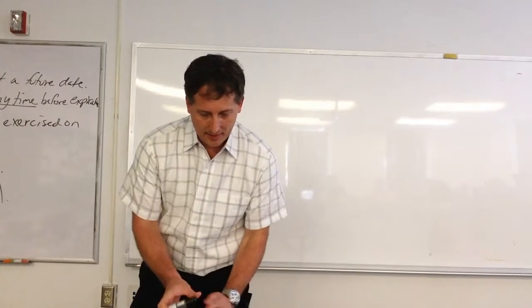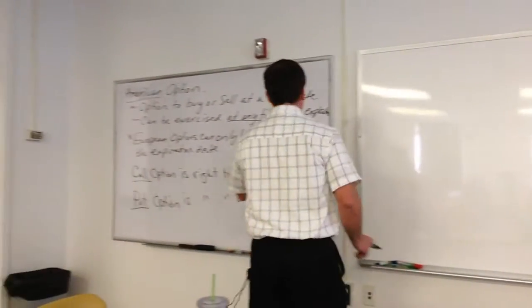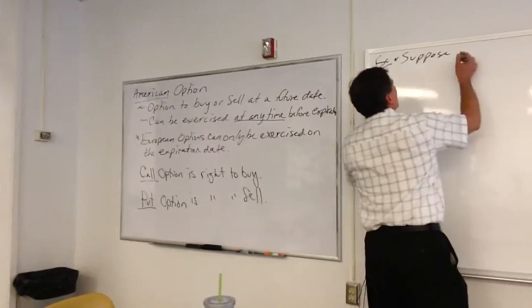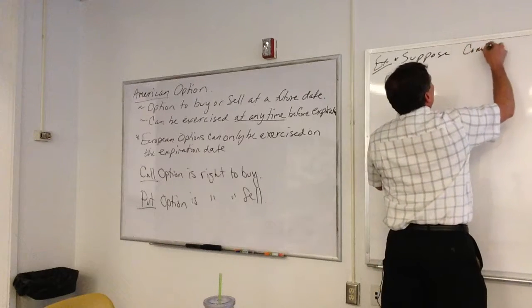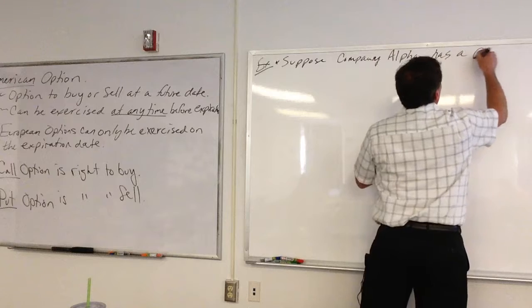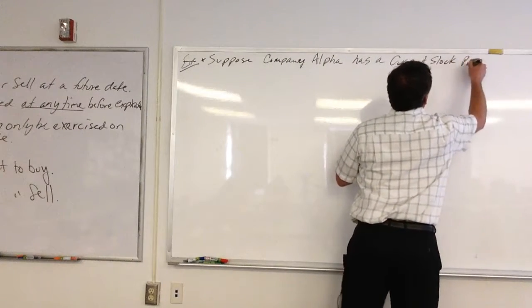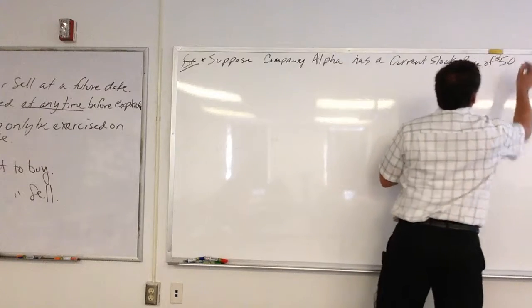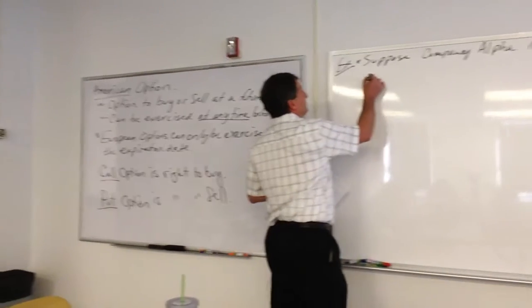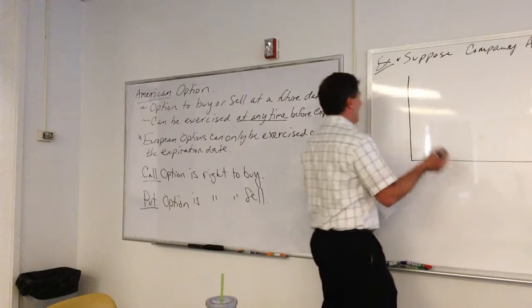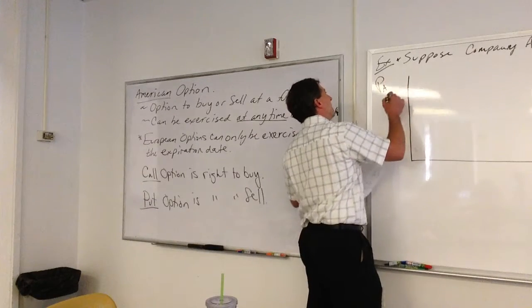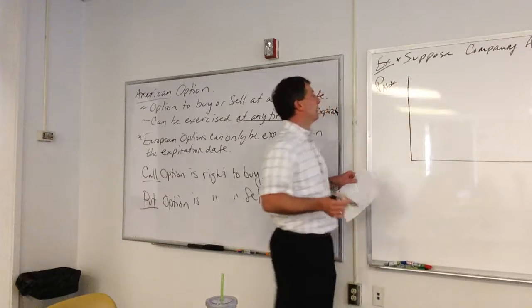All right, we've got a little example we're going through here. Suppose company Alpha has a current stock price of $50. I'll draw a quick little graph, putting time on the horizontal axis and the price of Alpha on the vertical.